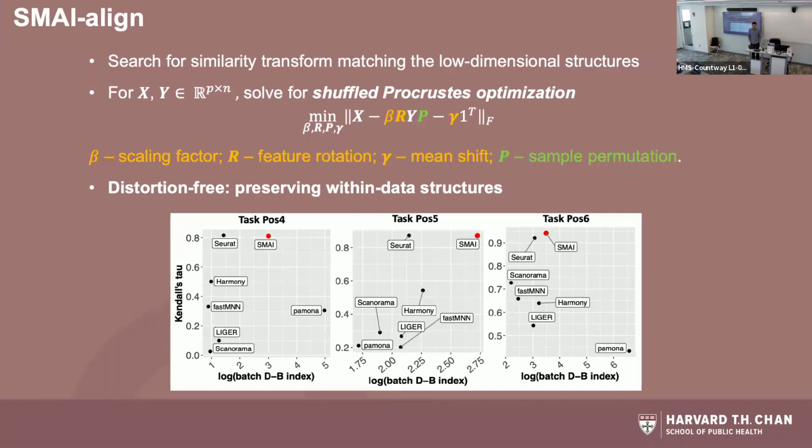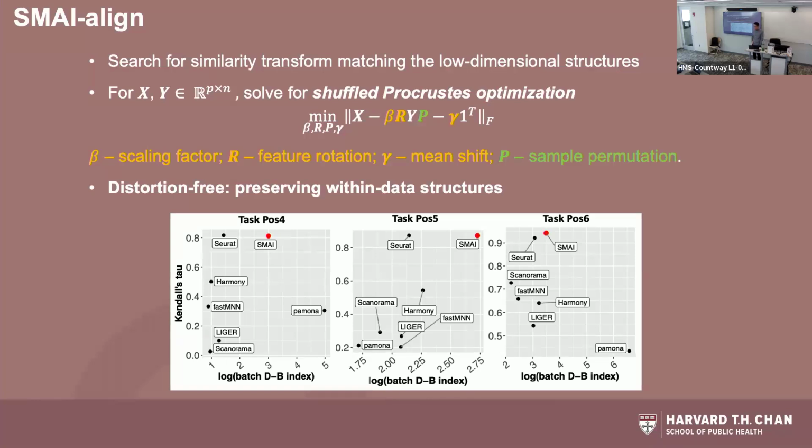Our argument is that we not only want to remove the batch effect to have a better mixing of two data sets, we also want to preserve the within data variations. In the extreme case, you can get perfect alignment if you just map everything to the origin, right? Everything gets packed together, there is no batch effect at all, but you lose all the within data variations.